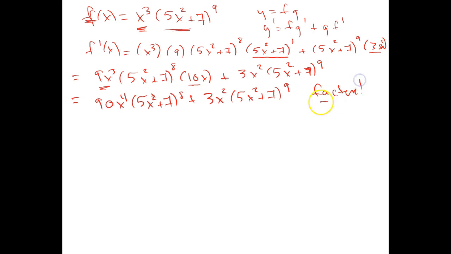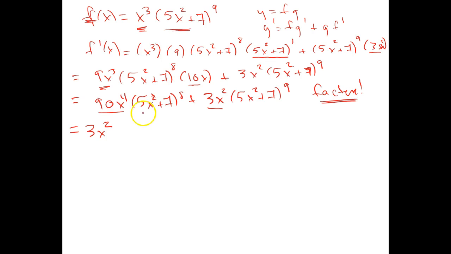The first thing you look for when factoring is a common factor. Look at the terms in front. I've got 3x squared and 90x to the power of 4. And again, 3 is common to both, and we take out the x squared term, so we factor out 3x squared. Then look at what's left.